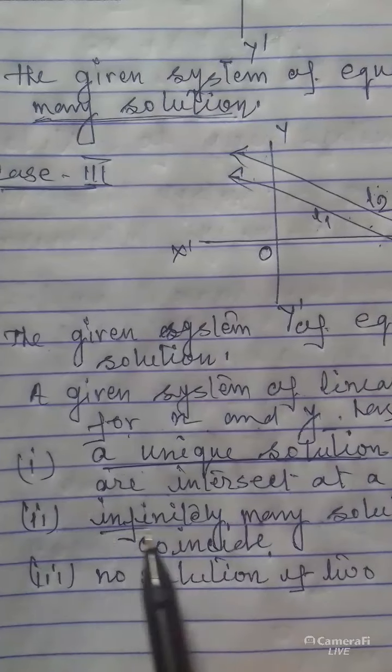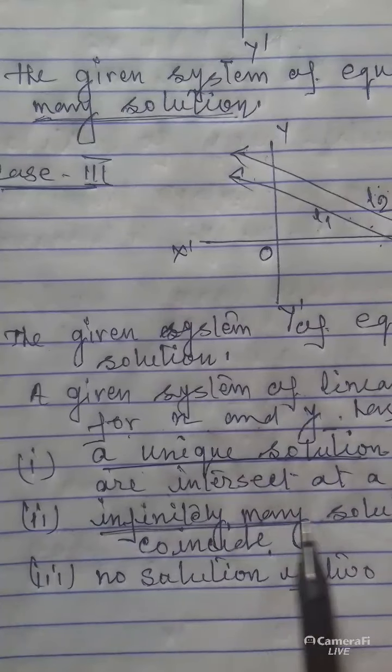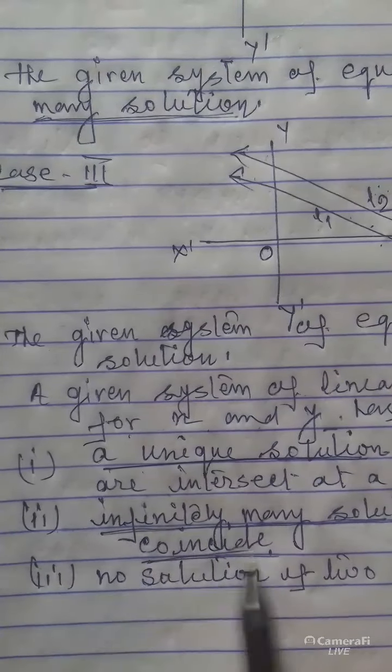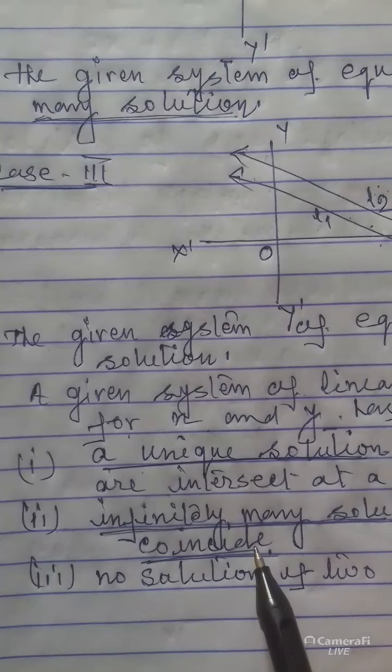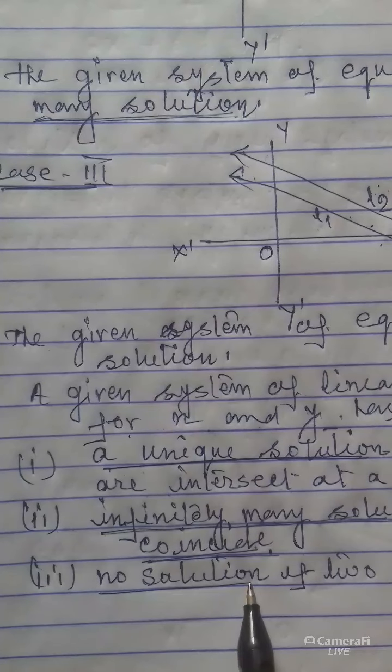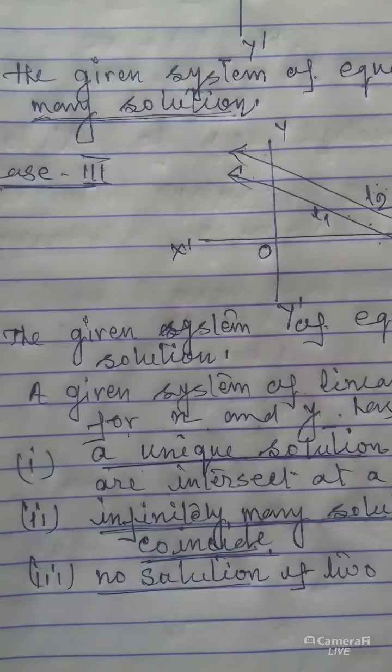If it has infinitely many solutions, then the two graph lines coincide. And if it has no solution, then the two graph lines are parallel.